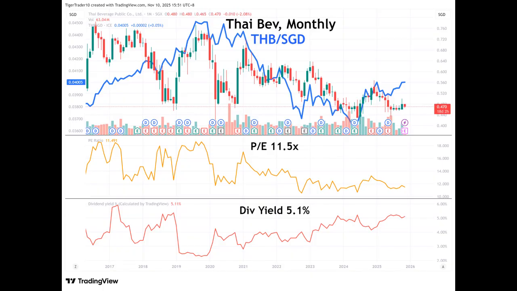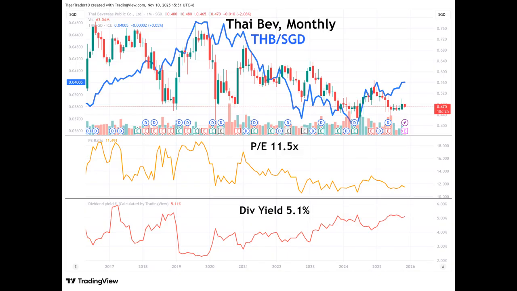So as the Thai baht appreciates against the Sing dollar, even if the company were to earn the same profit as last year, the strengthening of the Thai baht would cause an improvement in its financial performance when compared to the share price, which is trading in Sing dollars.